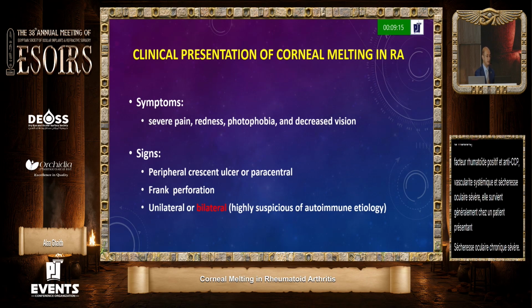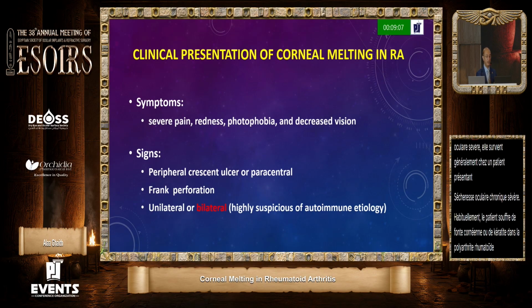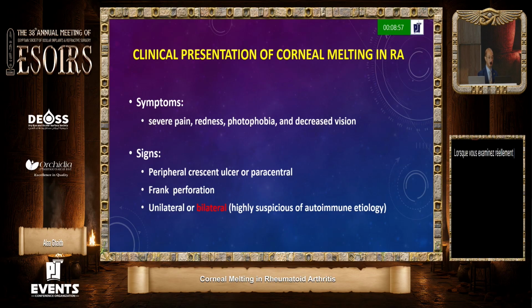Usually the patient with corneal melting or keratitis in rheumatoid arthritis presents with severe pain, redness, photophobia, and decreased vision. When you examine the patient, you will typically find a peripheral crescentic ulcer, and it may be paracentral. You may find frank perforation.